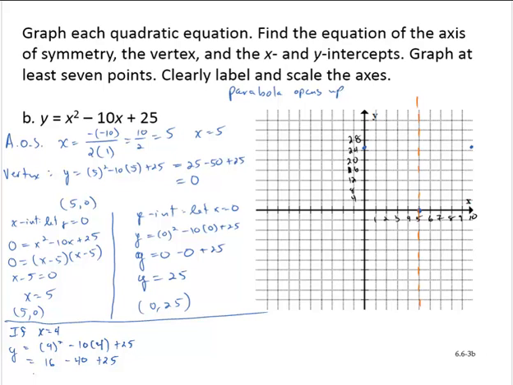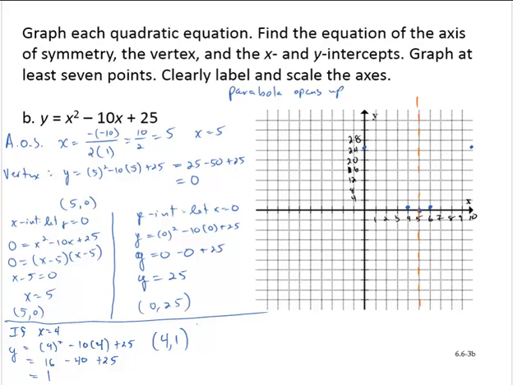Negative 24 plus 25 is 1. So if x equals 4, y equals 1, we have the ordered pair 4, 1. That's about here. And by symmetry, then, we also have 6, 1, which is here.